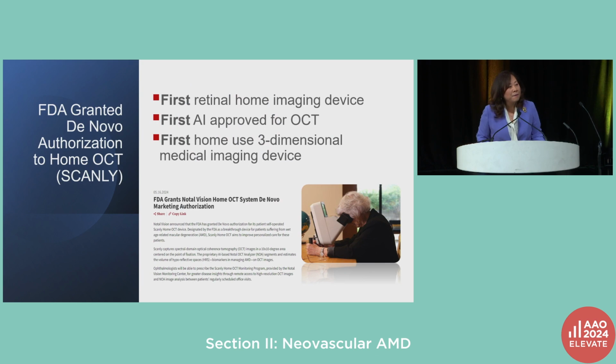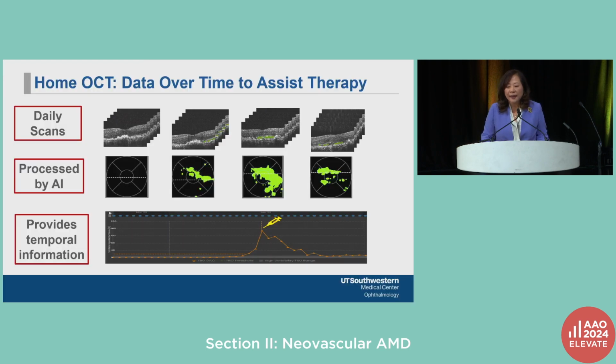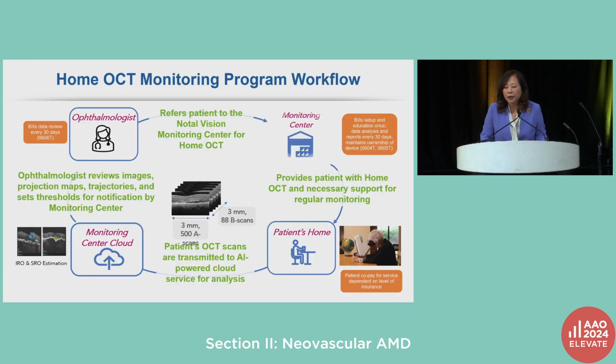Why? Because 5 months ago, as Dr. Martin stated, FDA granted de novo authorization to home OCT. It is the first retinal home imaging device that uses OCT with artificial intelligence. When patients take daily scans, these B scans are processed by AI and provide temporal information about fluid recurrence.